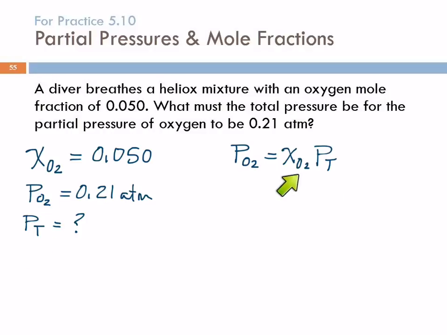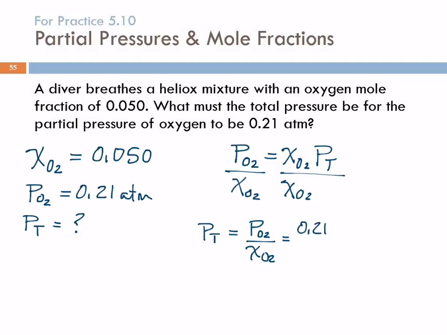So I'm going to use this equation, and I'm just going to rearrange it and solve for PT. So the total pressure, if I want a partial pressure of oxygen to be 0.21, is going to be the partial pressure of oxygen divided by the mole fraction of oxygen. So the partial pressure is 0.21 atmospheres.